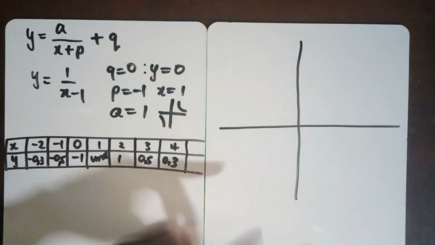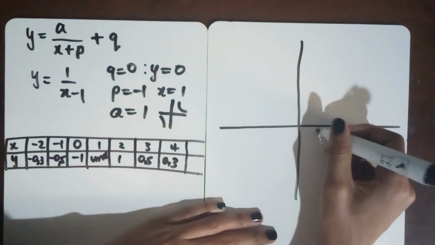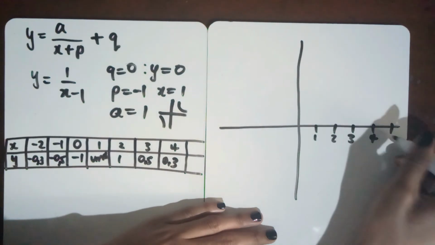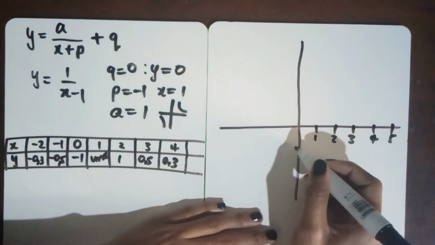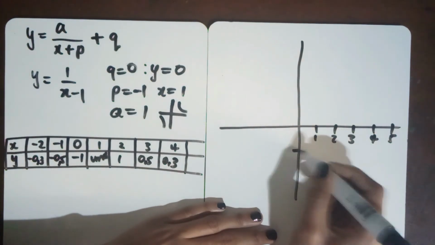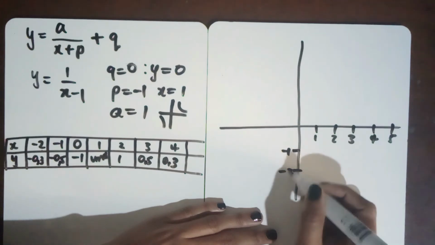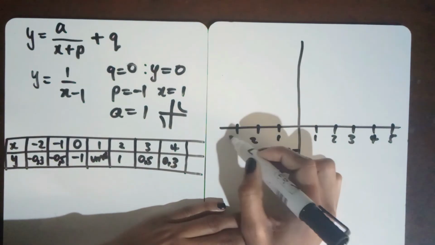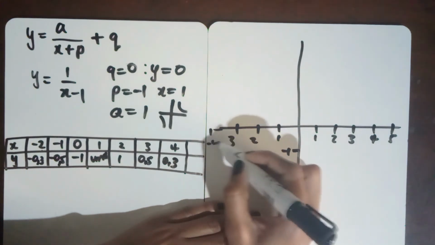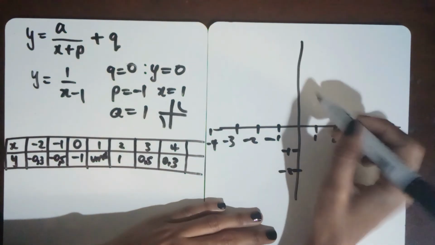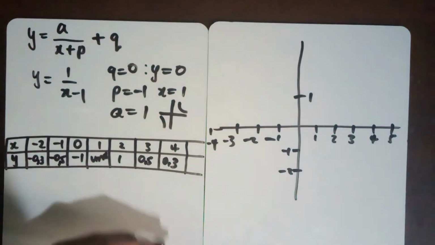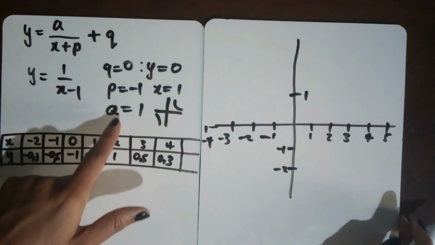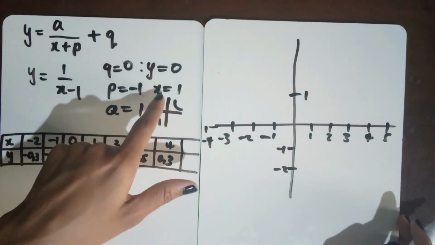So we said our, okay, let me write this down. 1, 2, 3, 4, 5, and then we can have maybe -1, -2. All of these are negative, and then we can have 1 there, right? Cool. So if we draw our asymptote, we said our vertical asymptote will be at x equals 1.